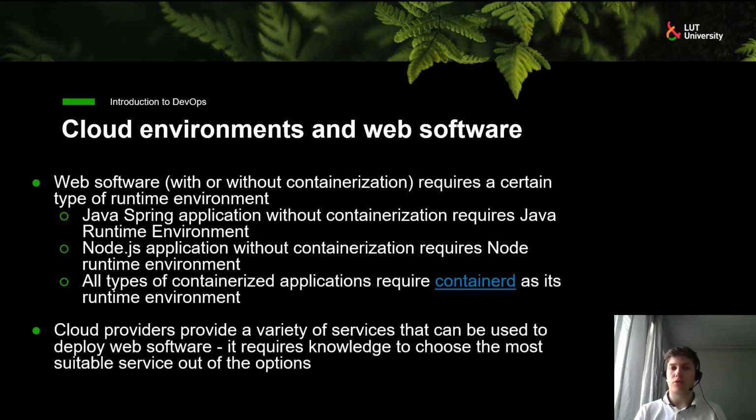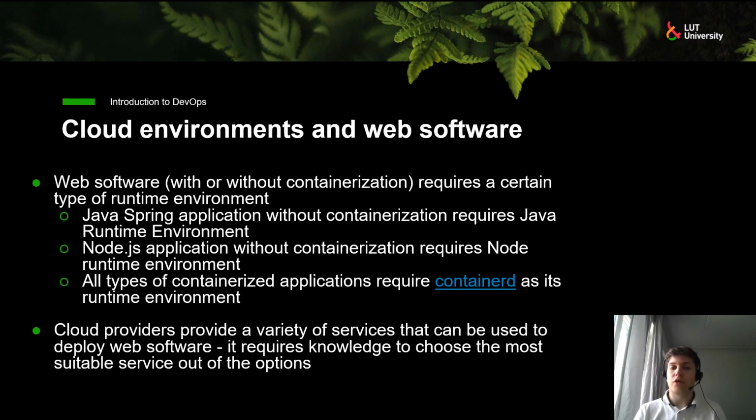Let's now talk a little bit about web software and cloud environments. During this course, we are mainly focusing on web software and learning about DevOps practices regarding web software development. As a first point, I'd like to mention that web software, be it inside a software container or without containerization, requires a certain type of runtime environment.